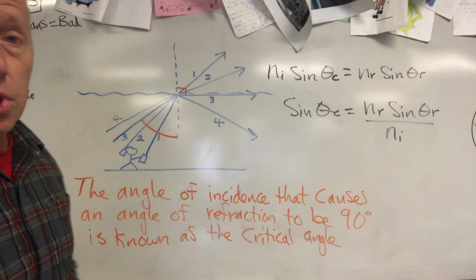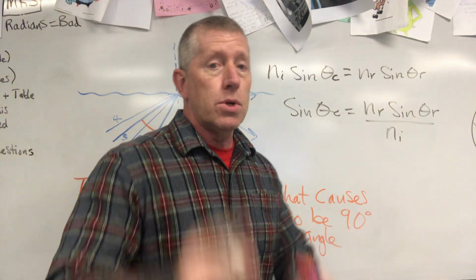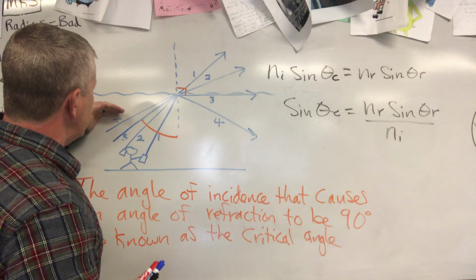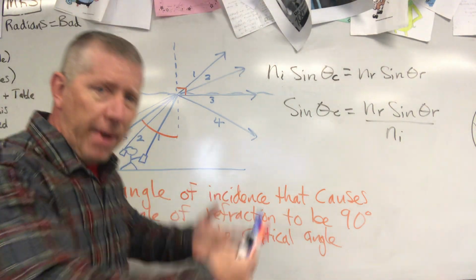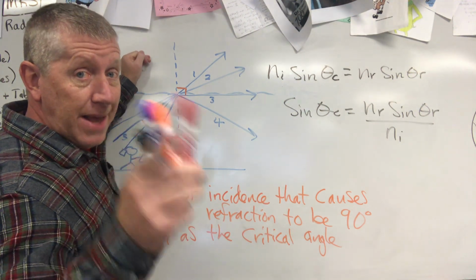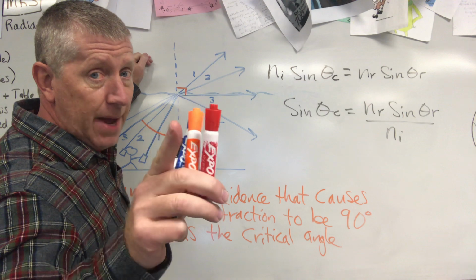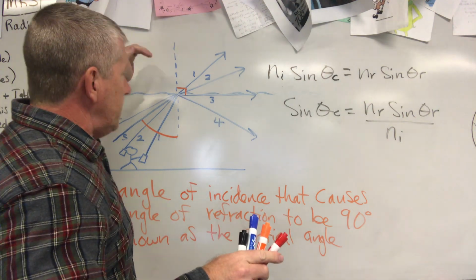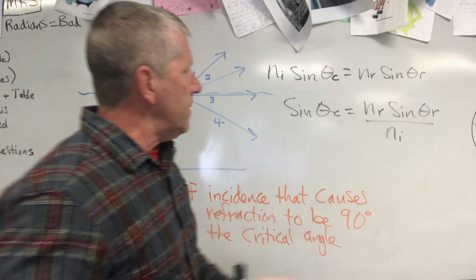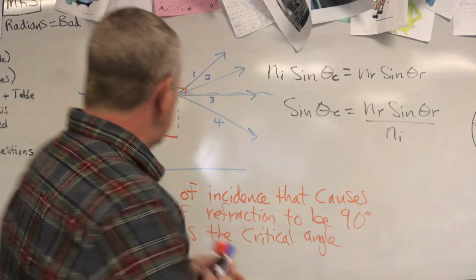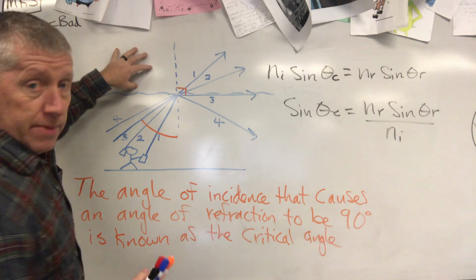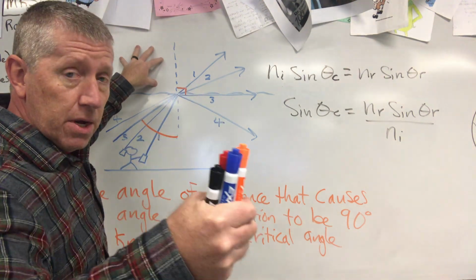Now here's the thing. Usually, not always, we're talking about refracting from something like water or plastic or glass into air. This will be air. So the vast majority of times, not always, so we've got to be careful of this, the index of refraction of this material is air.